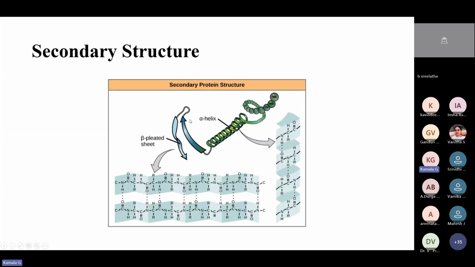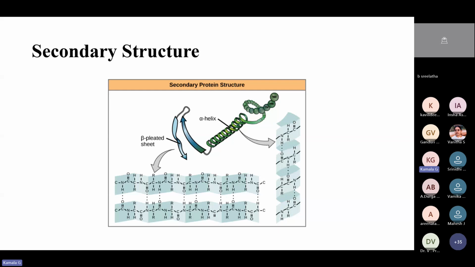This is a beta bend and this is a beta turn. Is it clear, ma'am? Secondary structure majorly consists of alpha helix and beta pleated sheets. These are connected with either beta bends or beta turns, right? So this is a brief about secondary structure of protein.